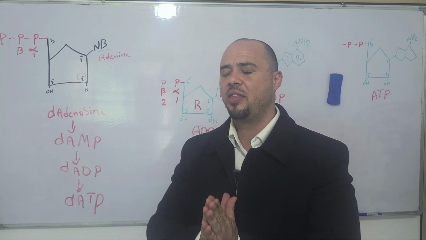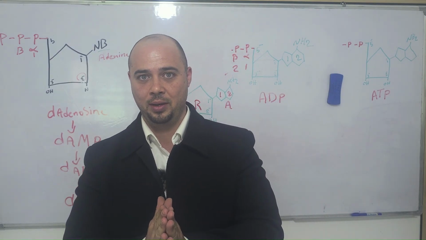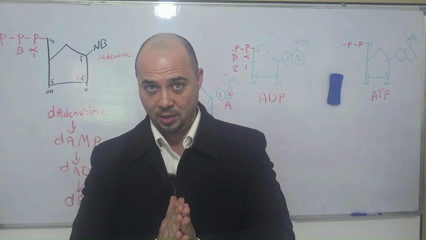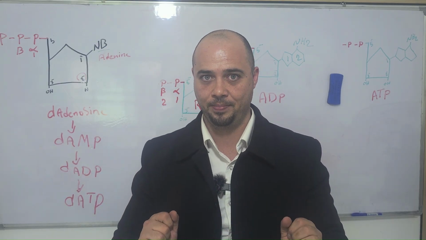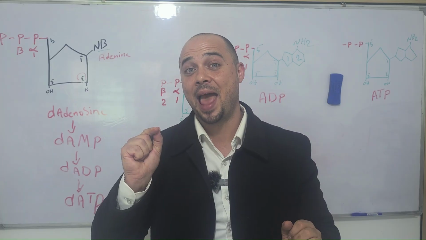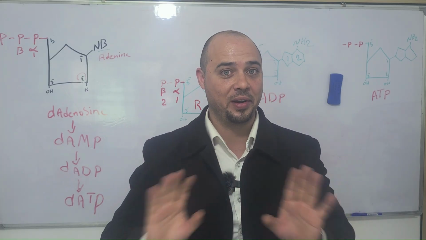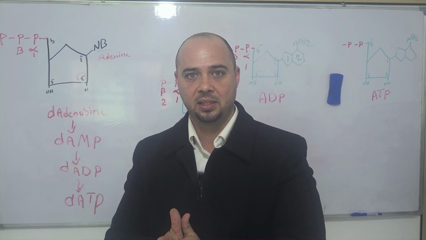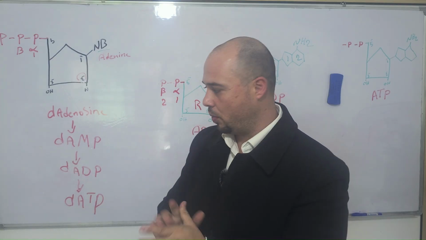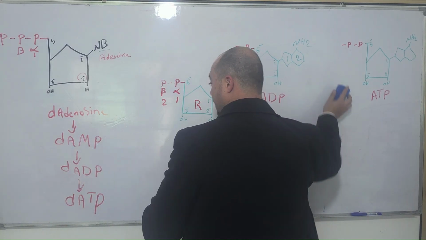That's why we need 3 phosphate groups, because 2 of those 3 are going to be used to produce energy. Now, let's see how that happens exactly. It's going to be very easy. It's going to be painless. It won't hurt a bit. Don't worry about it. Okay?